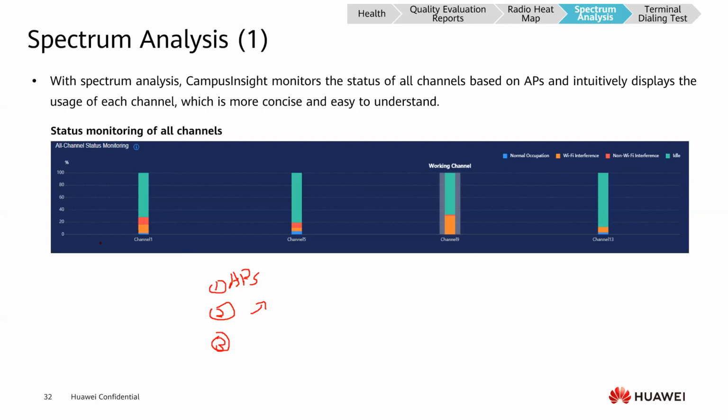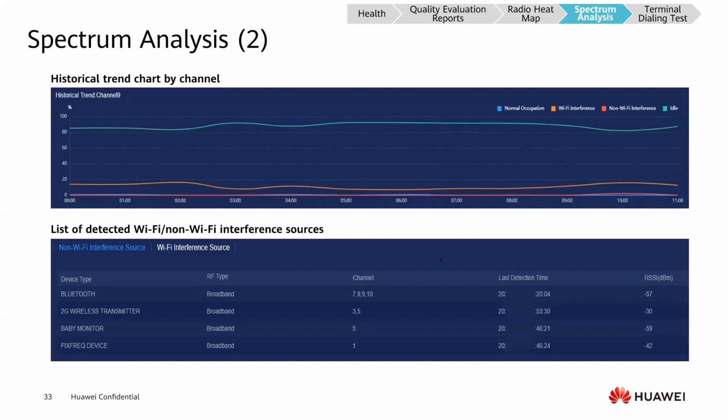So this is the all channel status monitor, and this is the historical trend chart by the channel, and also the list of detected Wi-Fi or non-Wi-Fi interference sources. So the administrators can check these interference devices one by one.